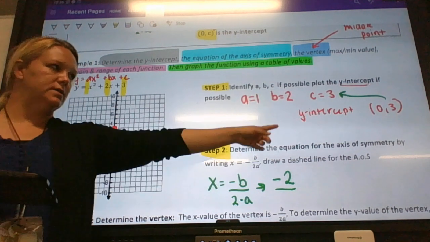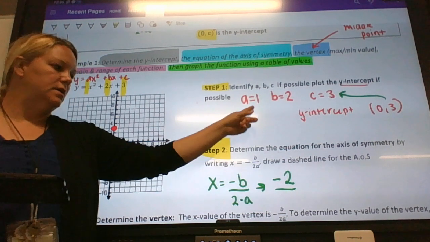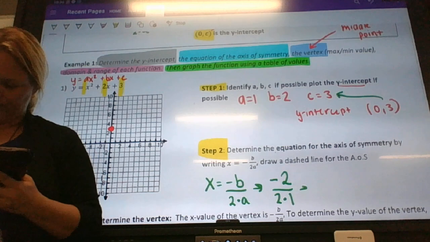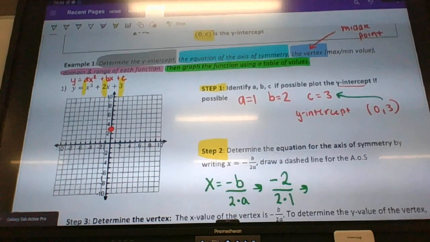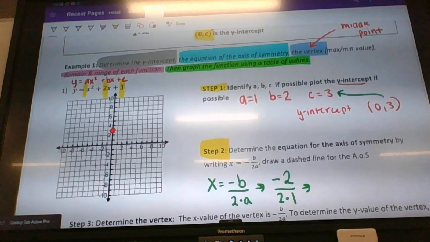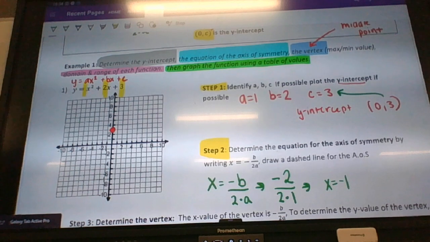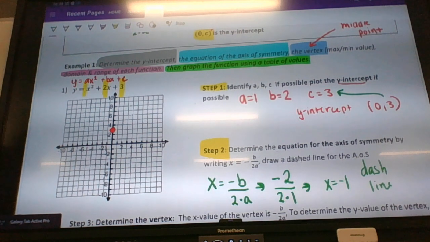I'm going to plug in these numbers that I just listed. 2 goes in the b spot, and 1 will go in the a spot. And go ahead and simplify that. You already get your calculator out. So we'll draw a dashed line at negative 1, and that'll be the middle of our parabola.